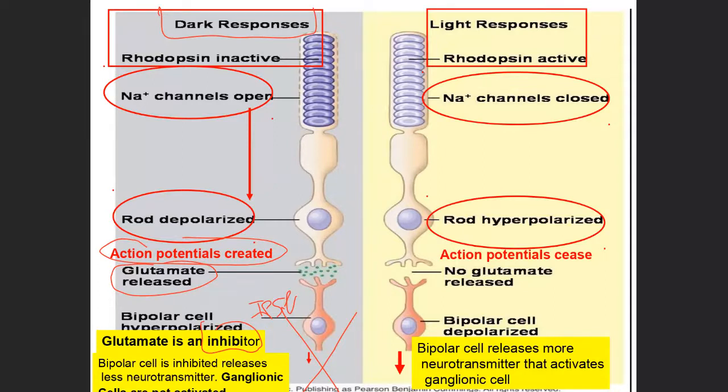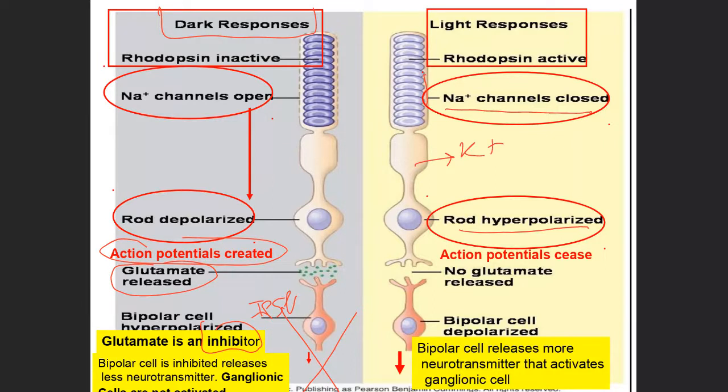When light hits the photoreceptor, retinol is changed from the cis to the trans position, which sets off a series of events that will lead to the closing of the sodium channels. So now, all of a sudden, the cell is not depolarized anymore. It's going to be hyperpolarized. It's going to begin to lose potassium and become very negative.